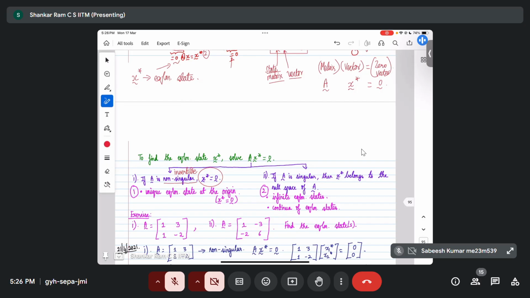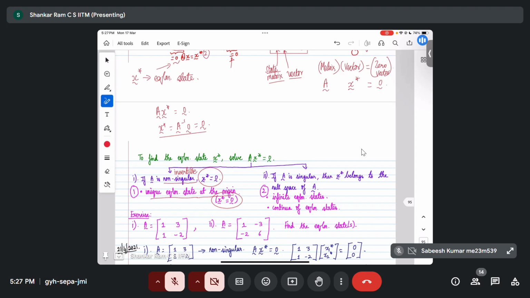So x star equals 0 is a unique equilibrium state at the origin. An intuitive way of explaining this is that if A is invertible, x star becomes A inverse times 0. Any non-zero matrix multiplying the zero vector is also 0. So you can immediately see that x star equals 0, a unique equilibrium state at the origin.